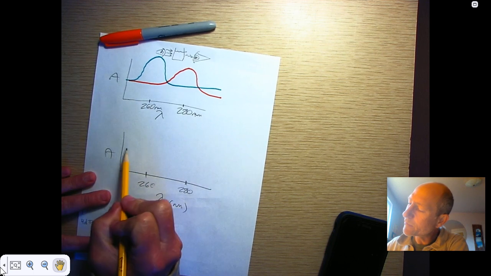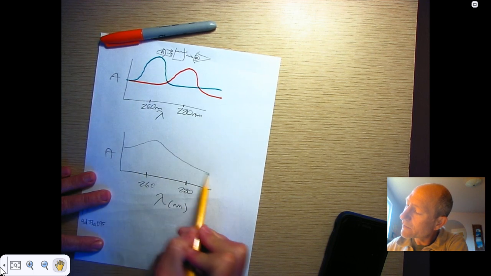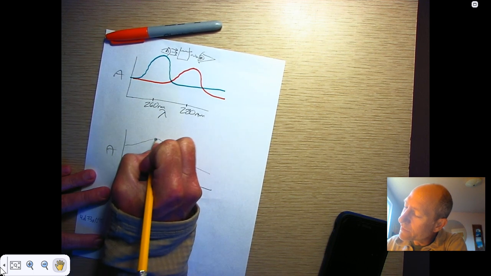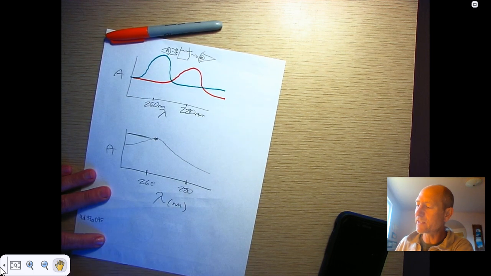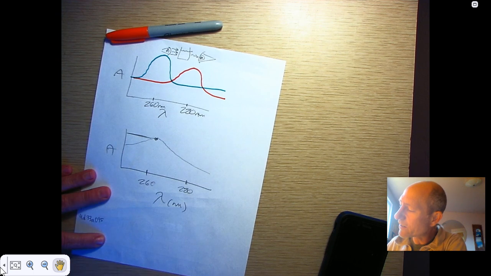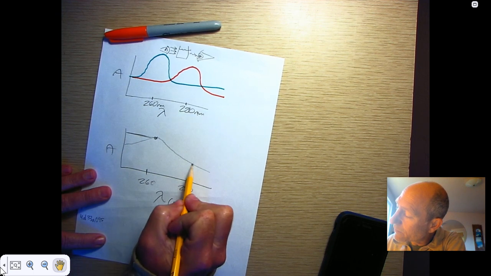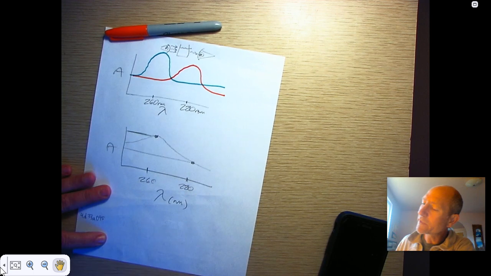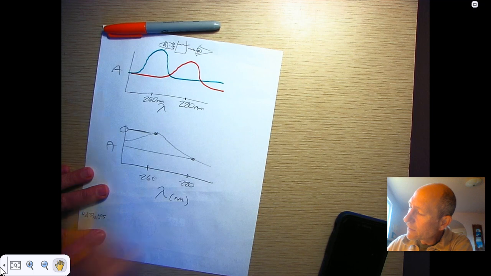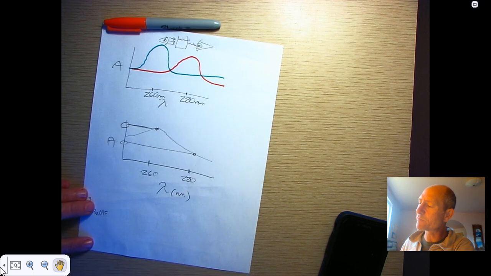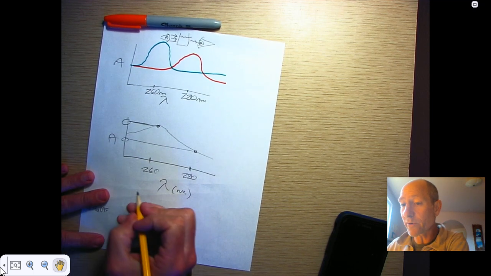You put that sample in there, and what you do is you take this number, which is the absorbance at 260, and I don't remember what they said it was on there. We'll check it out. And then you take this number, which is the absorbance at 280, and you find their ratio.